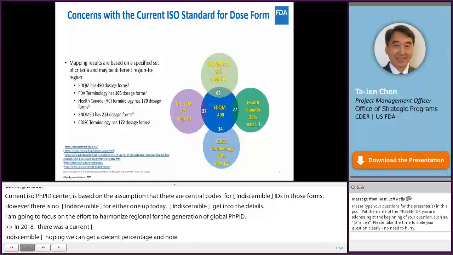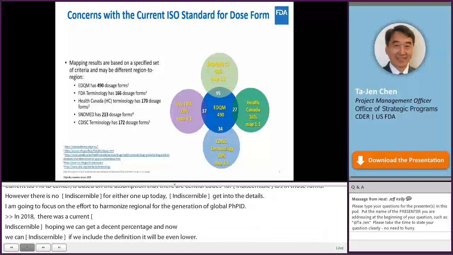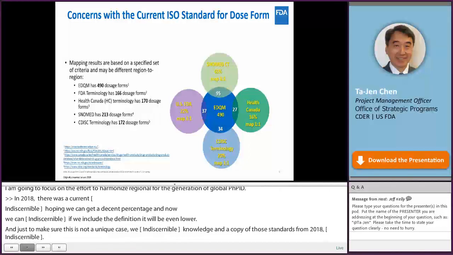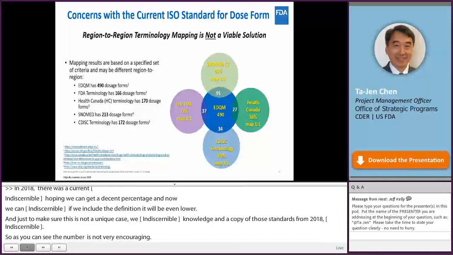And just to make sure that this is not a unique case, we also mapped the SNOMED CT, CDER terminology, and a copy of those forms used by Health Canada in 2018 to the EDQM terms. And as you can see, the number is not very encouraging. So we come to a conclusion that region-to-region terminology mapping is not a viable solution.